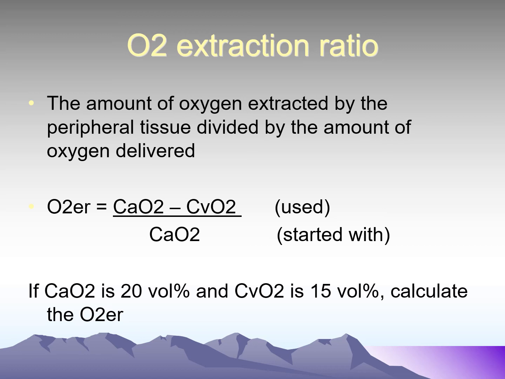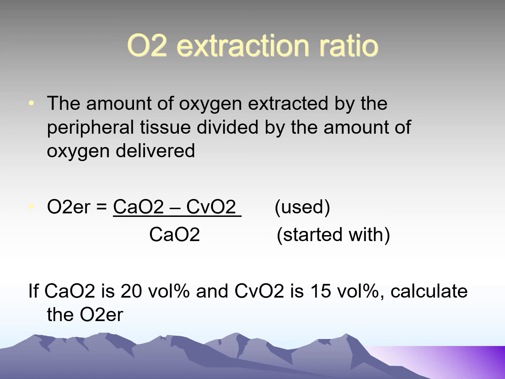which is normal, because we're working with normal values. Under normal circumstances, a patient's hemoglobin returns to the venous side about 75% saturated with oxygen. Okay.